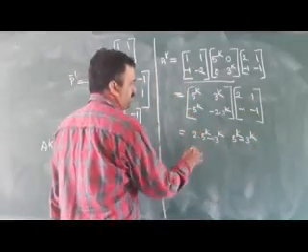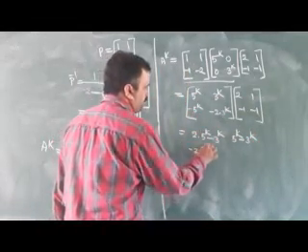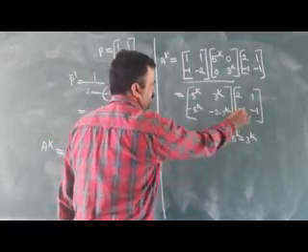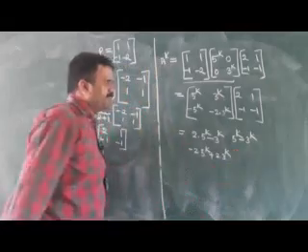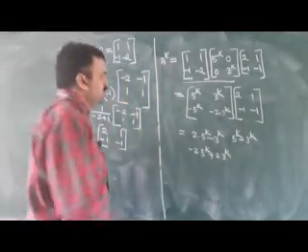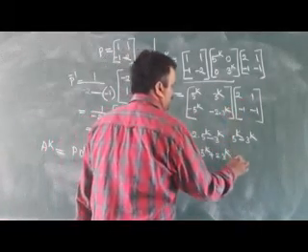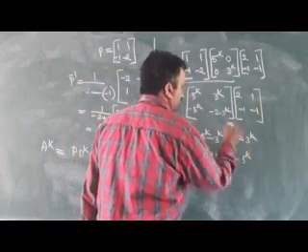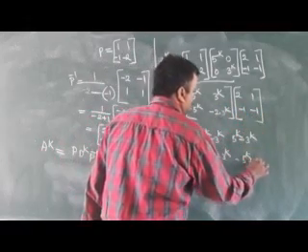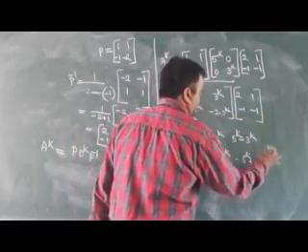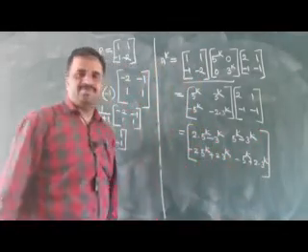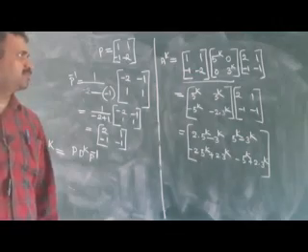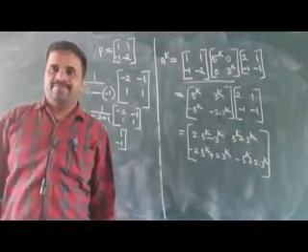Second row with first column: minus 2 times 5 power k plus 2 into 3 power k. Second row with second column: minus 5 power k plus 2 times 3 power k. That's all. This is A power k.